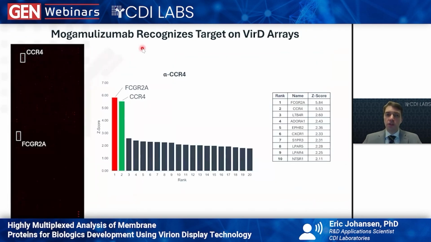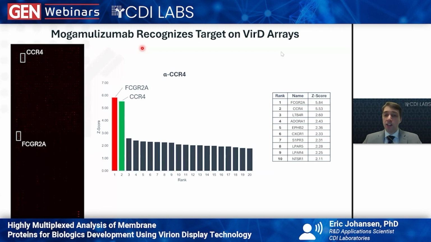As mentioned, when mogamulizumab is run on our VirD-only arrays, we're able to see that it is indeed able to bind CCR4. Now, we also see on this analysis that FcGR2a lit up as a top hit. Included on our virion-displayed collection are the Fc receptors against many different types of Ig molecules, including IgG. Fc gamma R2 and Fc gamma R1 are both high affinity receptors for the Fc region of IgG.